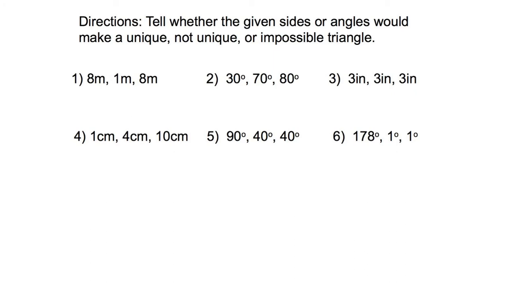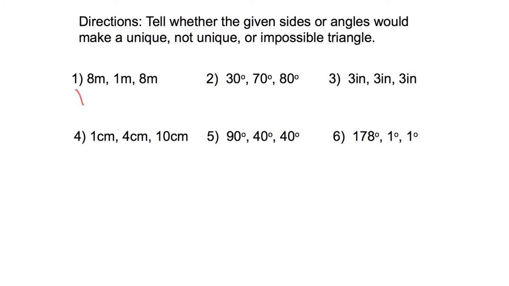We want to know whether the given sides or angles will make a unique, a not unique, or an impossible triangle. So can I make one triangle, many triangles, or no triangle? First one, 8 meters, 1 meter, and 8 meters. These are side lengths. So we need to test it using our side process.